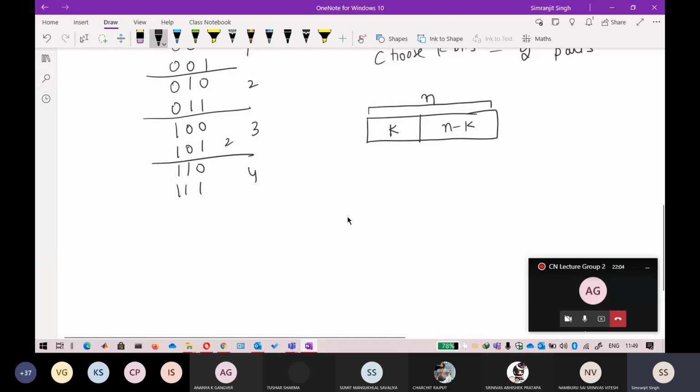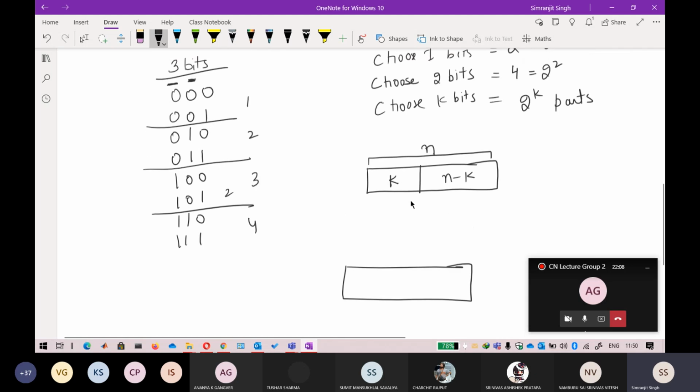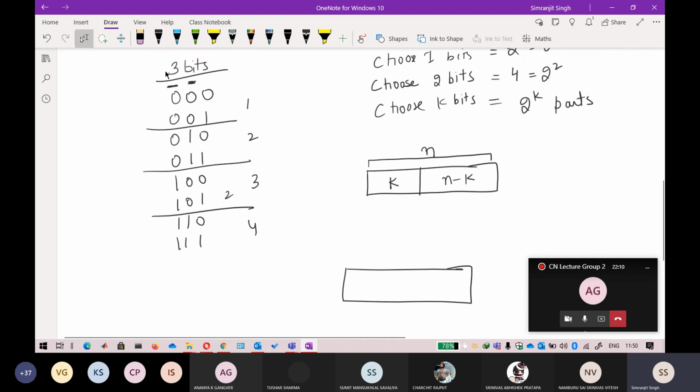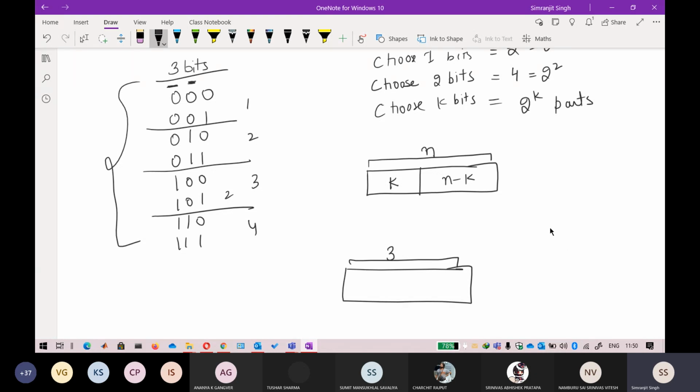So suppose this space I'm referring to is this one, a 3-bit space. Now understand that there is something called a bit field. In CN I will talk about everything in the form of a bit field.